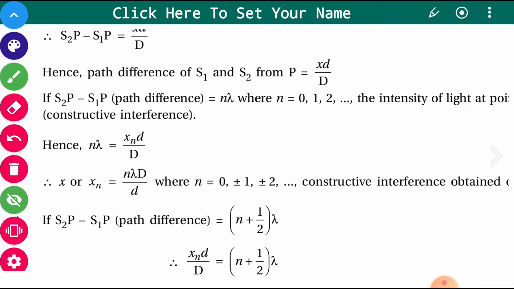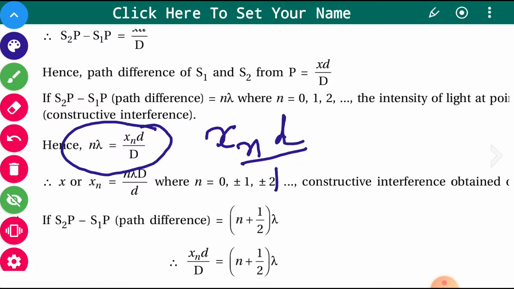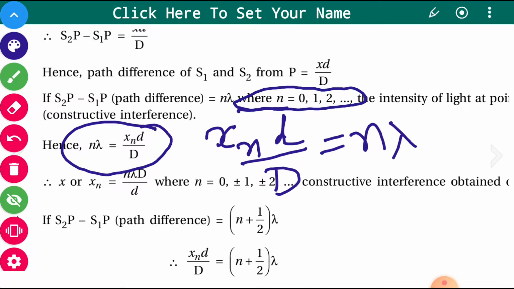In general, at any distance xn from the midpoint, if xn d upon D is equal to n lambda, there will be constructive interference, n is 0, 1, 2 up to infinite.